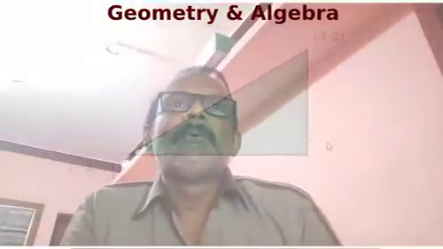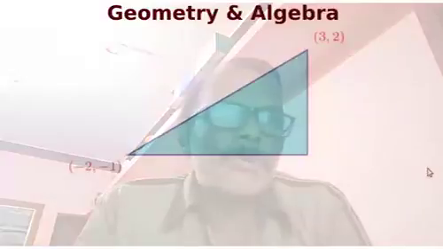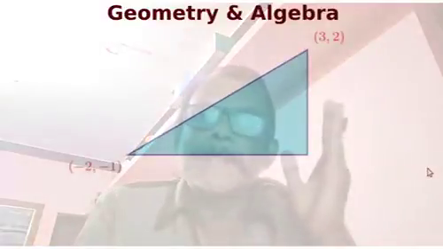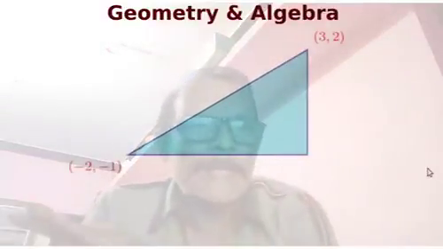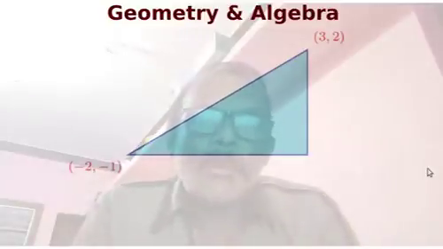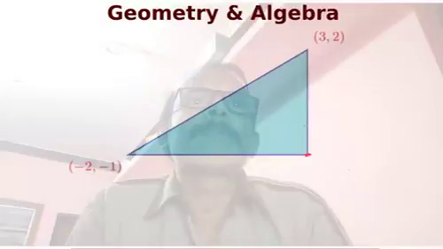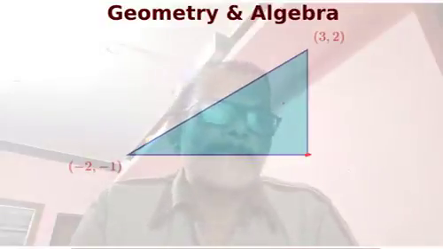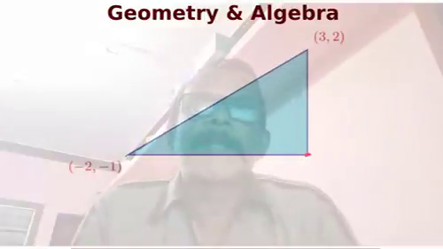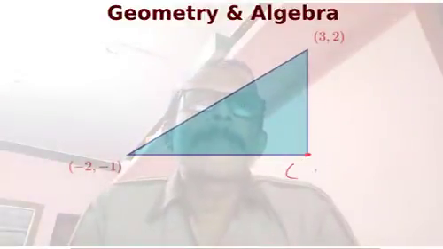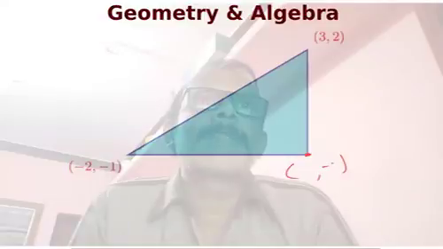Okay. Now consider this triangle. This is not a rectangle but a triangle, but its perpendicular is parallel to the y-axis and its base is parallel to the x-axis. Can you find the coordinates of this point? Yes, it is very easy. Simply we are doing the same process. Here also this line is parallel to x, so the y coordinates will be equal.